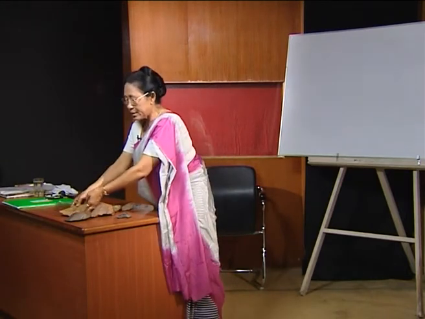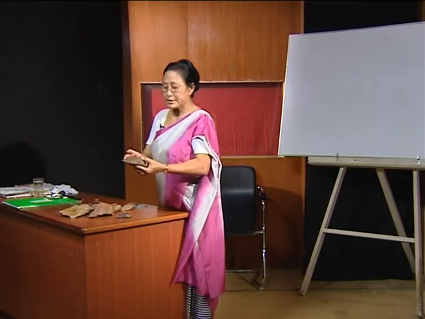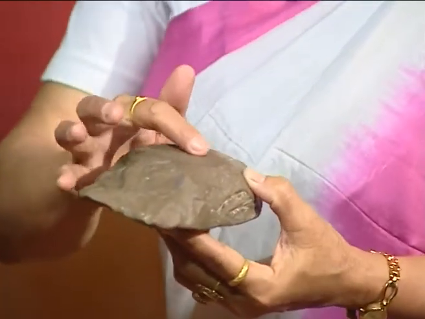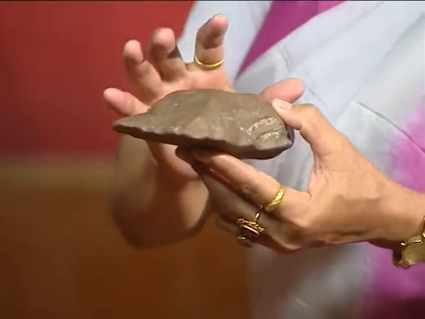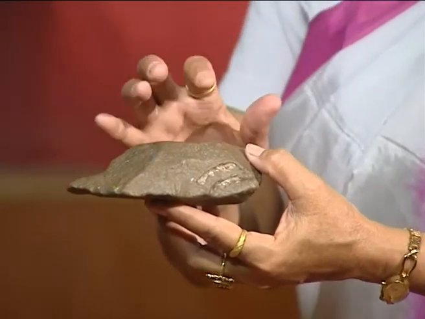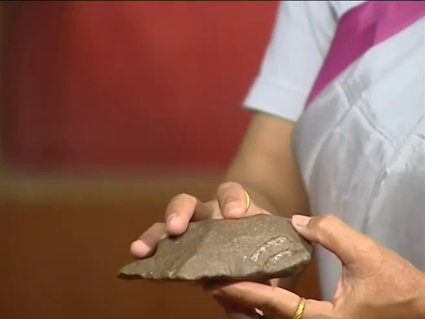Whereas in this case most of the ridges are lost and the color is heavily changed. So in this case we should say the state of preservation is heavily rolled and heavily patinated.